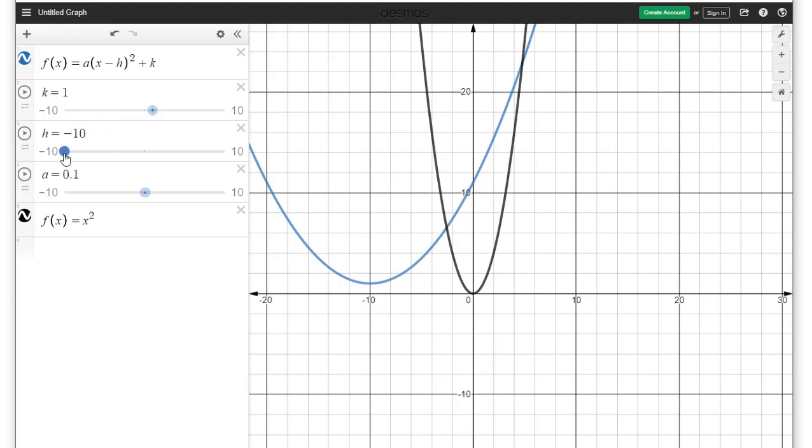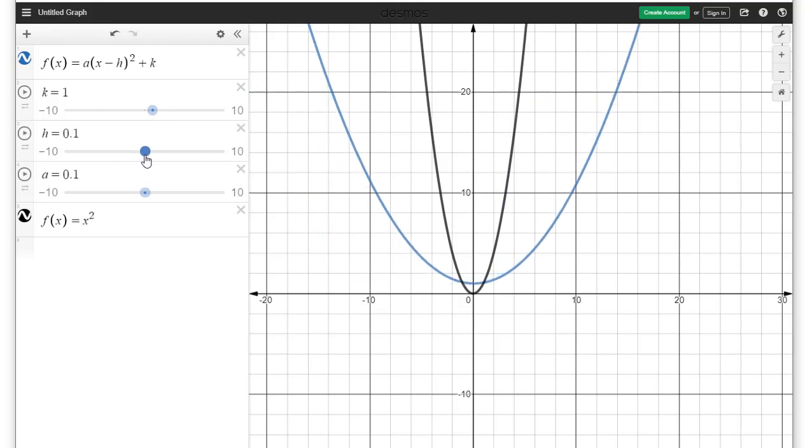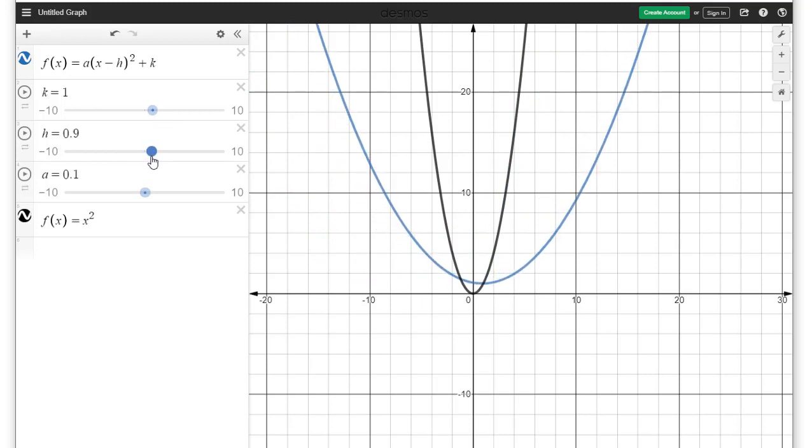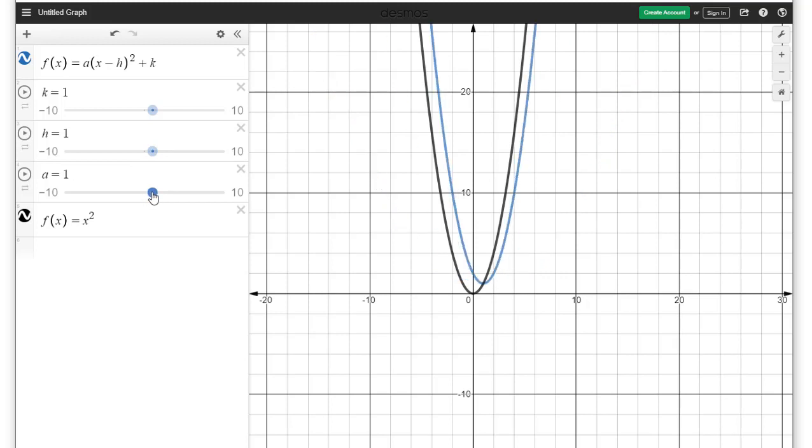So let's set h to 1. And let's set a to be positive 2. There we go. And let's see what happens when we shift k.